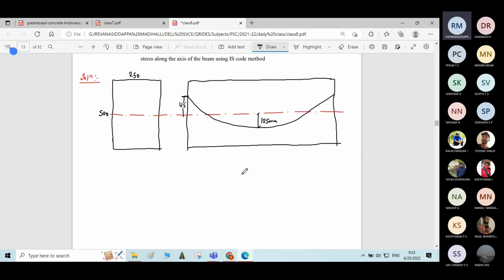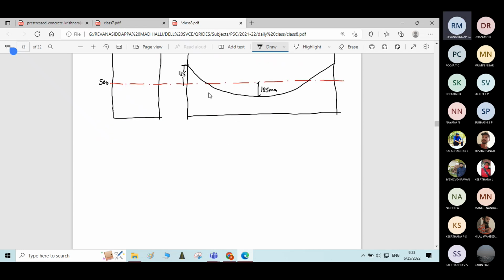I'll write the straight cable now. This straight cable is located at a distance of 100 mm from the soffit of the beam.